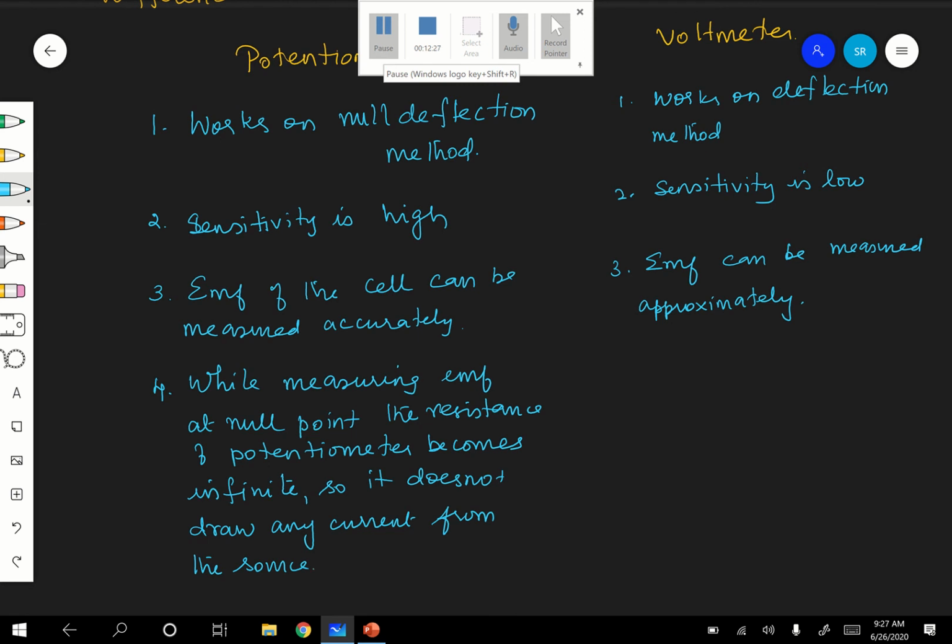But with the voltmeter, it is the same thing, measuring the EMF, but it is not a null point here. It is the deflection method.